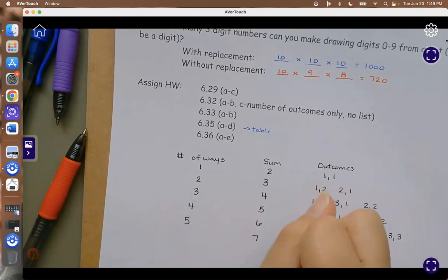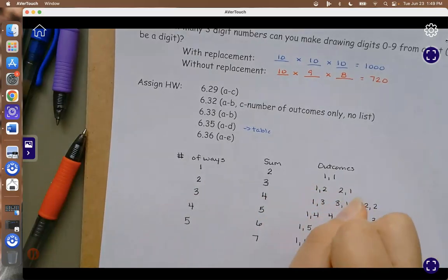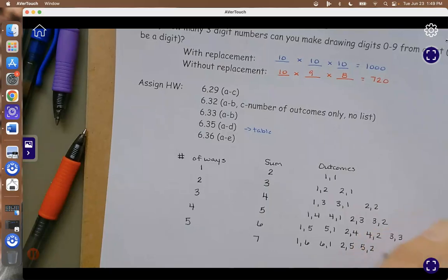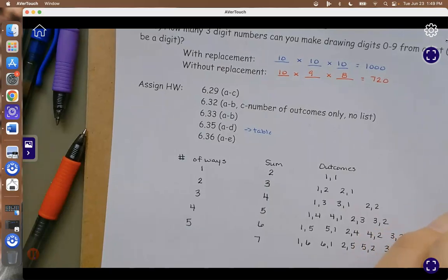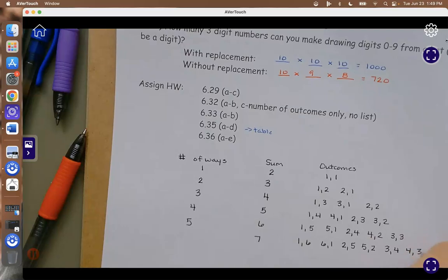For a 7, I could get a 1 and a 6, a 6 and a 1, a 2 and a 5, a 5 and a 2, a 3 and a 4, and a 4 and a 3.